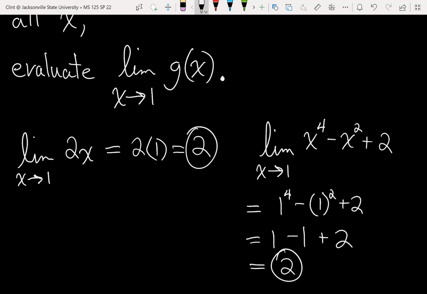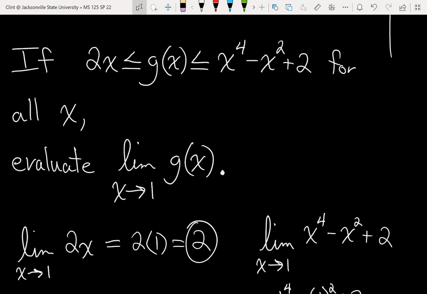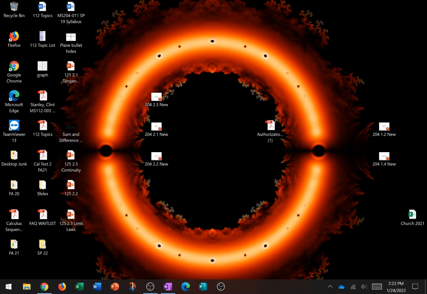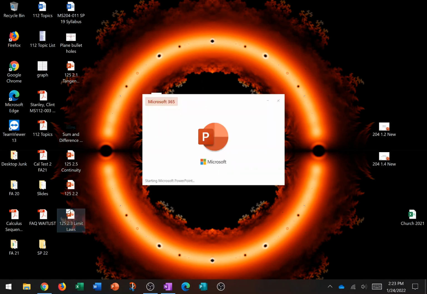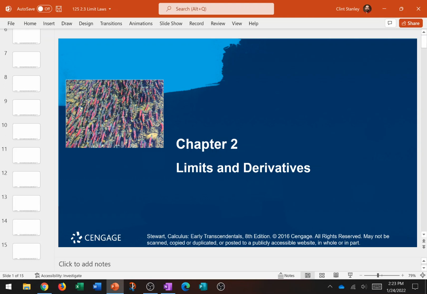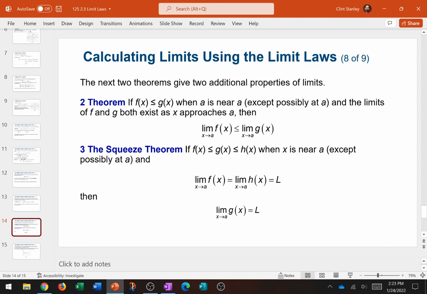Oh, if it didn't have less than or equal, let's double check. Let's look at the theorem. Okay, less than or equal.